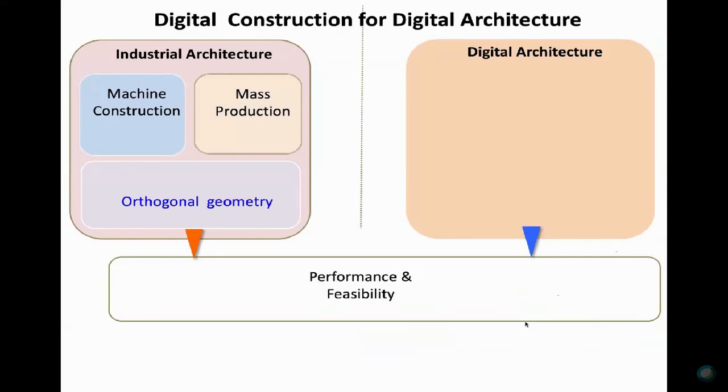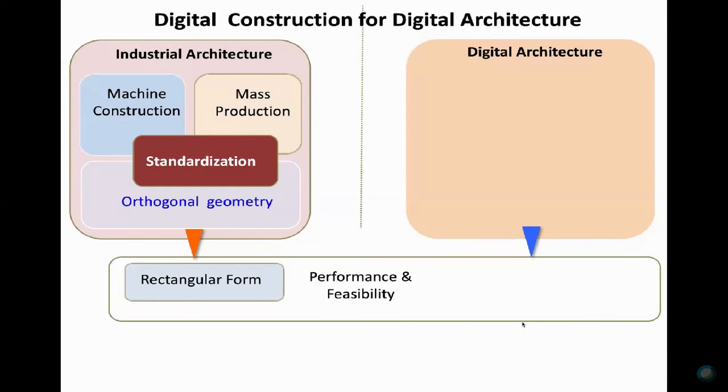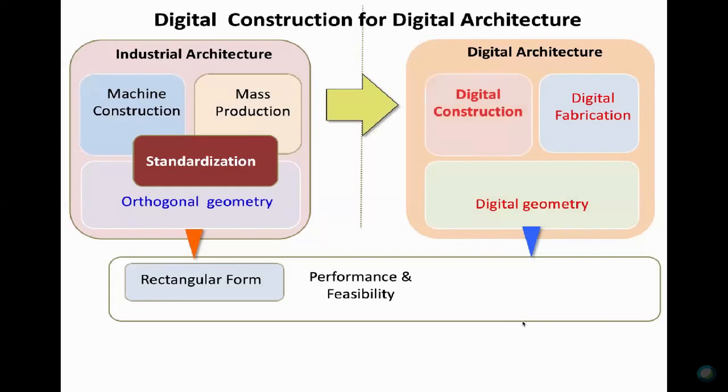So this is what we tried to illustrate, a comparison of digital and industrial architecture. Industrial architecture is based on standardization, which is supported by machine construction, mass production, and organization. If so, I think we can explain digital architecture using digital geometry, digital fabrication, and maybe digital construction.